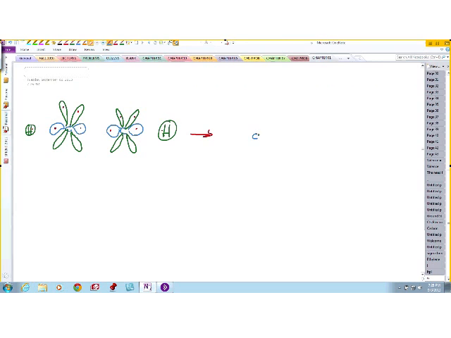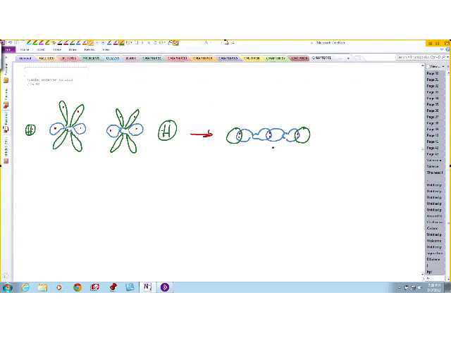So we have this carbon with an sp orbital and this carbon with an sp orbital overlap, another sp orbital here and another sp orbital here will overlap with hydrogen on this side and hydrogen on this side. You have 2 electrons here, 1, 2, 1, 2, 1, 2.